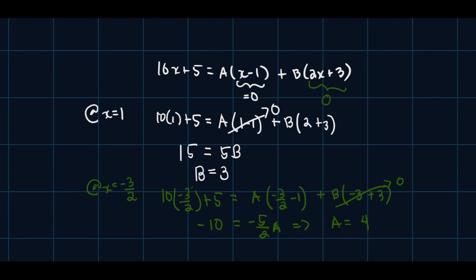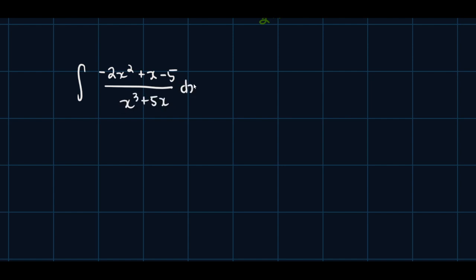Okay, in the previous video, yung denominator natin nasusulat natin as a product of linear factors. However, hindi ganun lagi yung case, no? For instance, kung ito yung gusto nating kuhanan ng integral, so let's say negative 2x squared plus x minus 5 all over x cubed plus 5x dx.